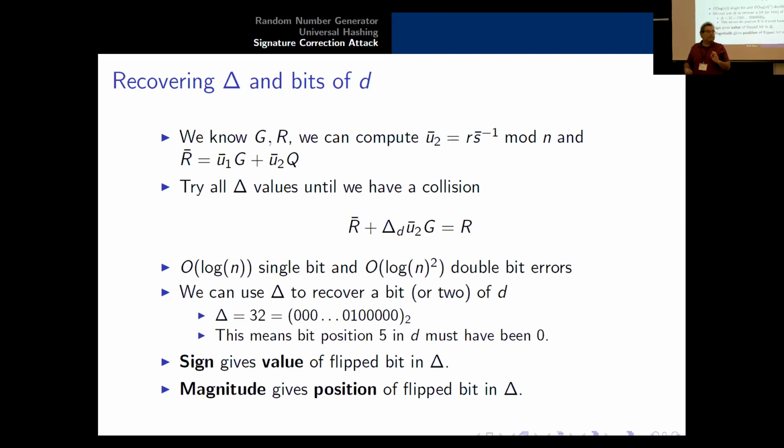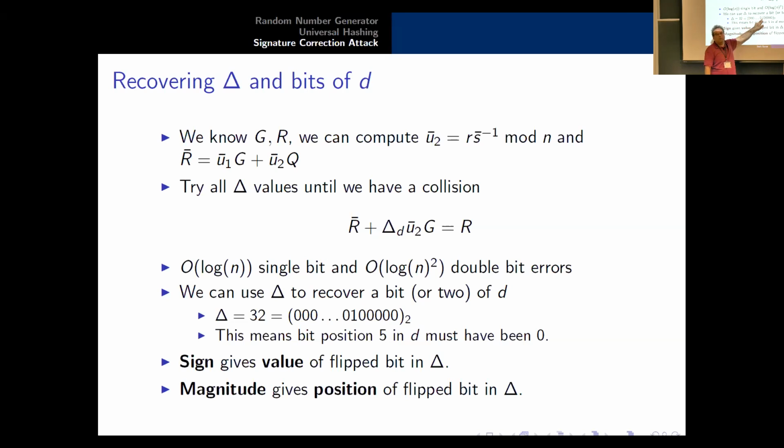Now, once we have delta, it's going to look something like this. Maybe if a fault occurred in the 5th bit, we get delta equals 32. This is how it's represented in binary. If you look at this error pattern, this is an additive error, the way we expressed it, because of the way ECC works. This means this bit value got added with a 1.